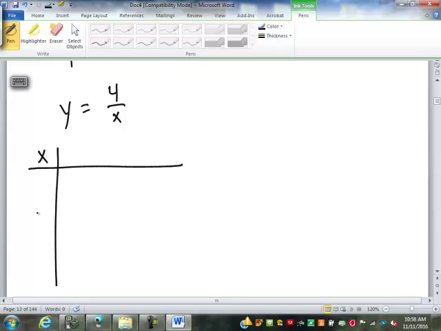Now, when we go to pick values for x, sometimes we've got to look at the equation and decide if there are values that are going to be easier than others. If I used a negative 3 for x here, it wouldn't work real well, because 4 divided by negative 3 is, well, negative 1 1/3. So instead of negative 3, I'm going to use negative 4. I'm going to get my graph ready to go over here.